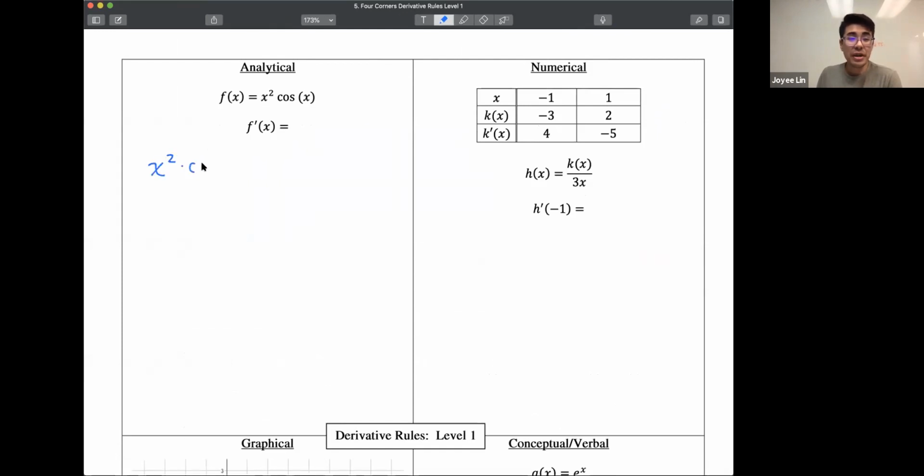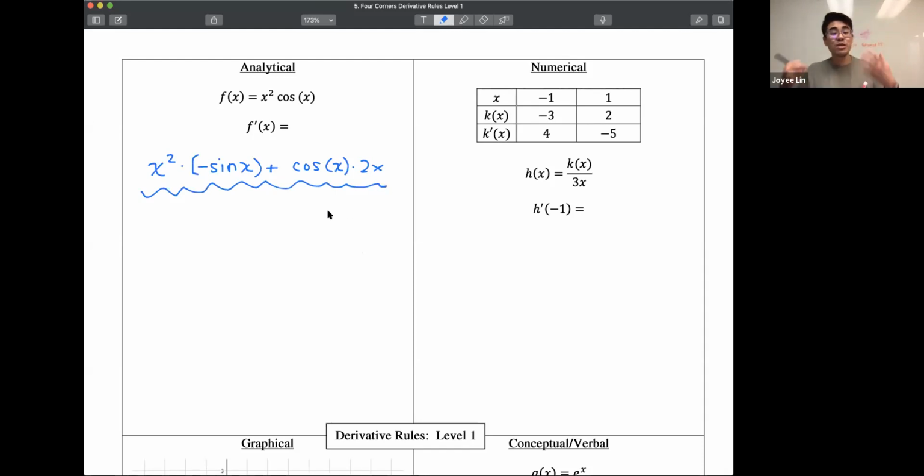First times the derivative of second. Whoops, the derivative of cosine is not cosine. Plus second times the derivative of first. That's easy. And remember on the test, you do not need to simplify any further. So this would be considered acceptable as long as you show that you know what the product rule is.